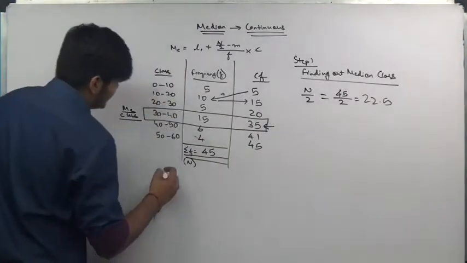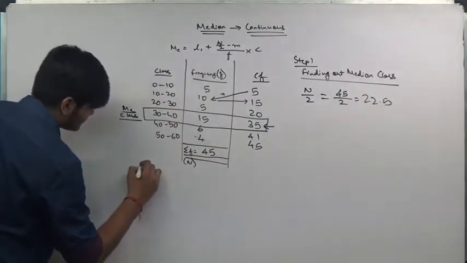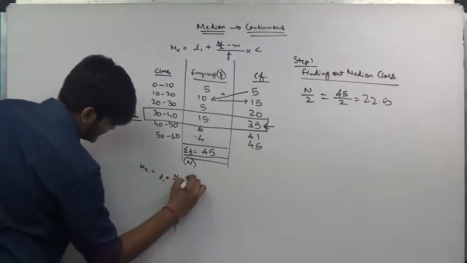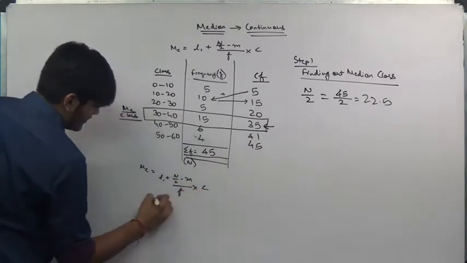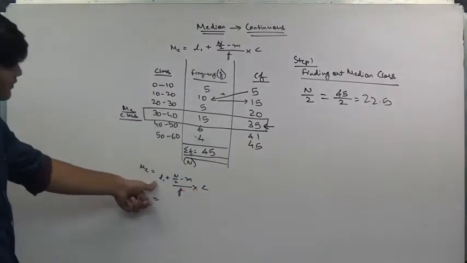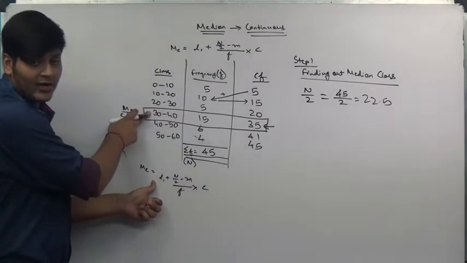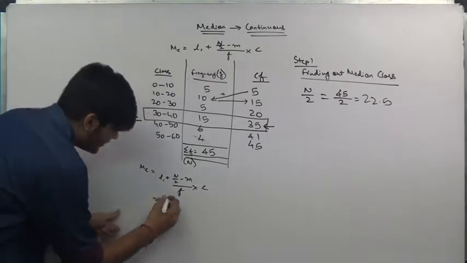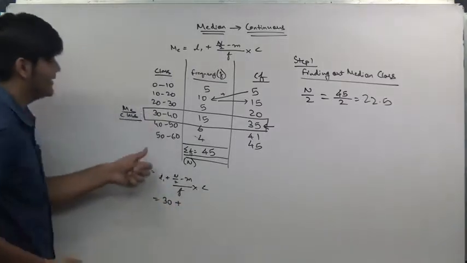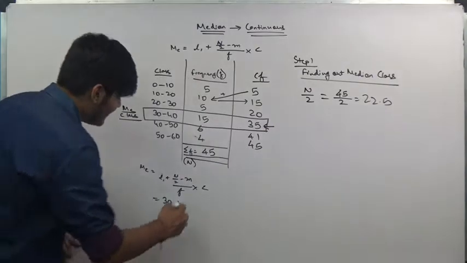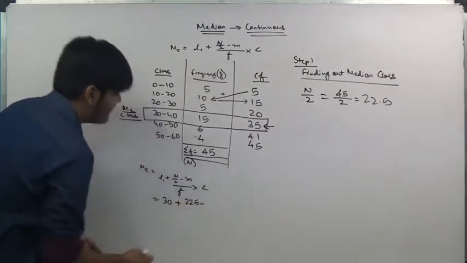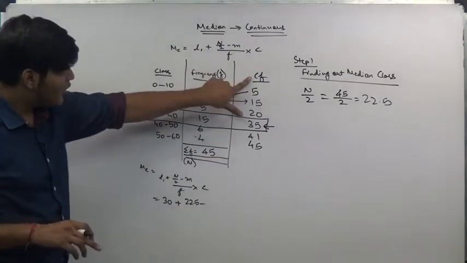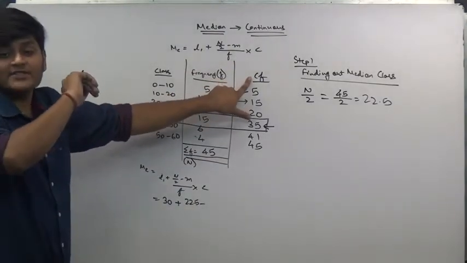So how do we start? Let's use the formula. Median is equal to L1 plus n by 2 minus m by f into c. Now L1, we know how much? 30. The lower limit of the median class is 30. 30 plus n by 2, which is 22.5. So 22.5 minus m. What was m? The cumulative frequency of the pre-median class. What is the pre-median class?